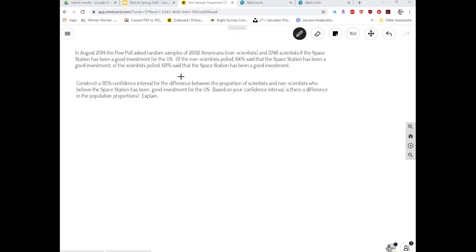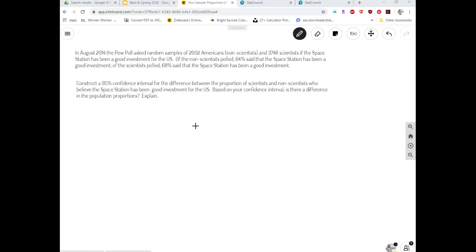Okay, it says, in August 2014, the Pew poll asked random samples of 2,002 Americans, non-scientists, and 3,748 scientists if the space station had been a good investment for the U.S. Of the non-scientists polled, 64% said that the space station had been a good investment.